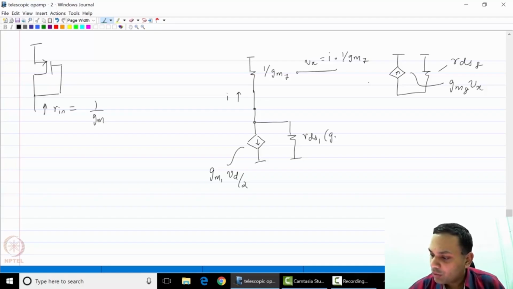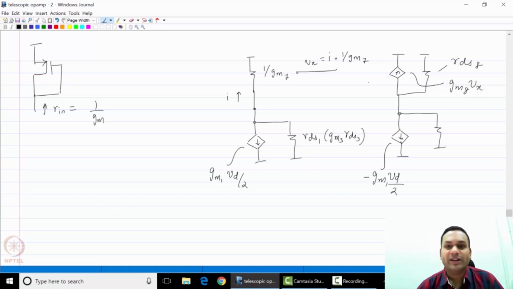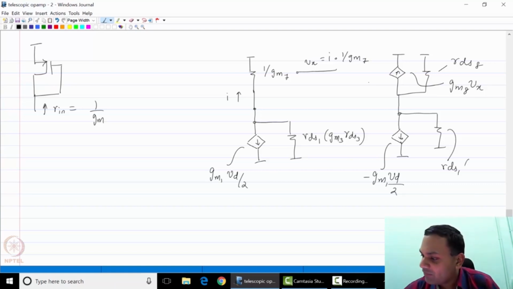Similarly, on this side, the circuit becomes minus gm1 Vd by 2, and this resistance is again the same, RDS1 times gm3 RDS3.